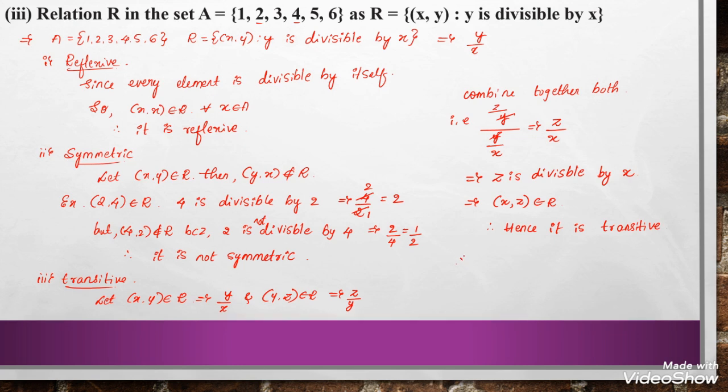Therefore, R is reflexive and transitive, but not symmetric.